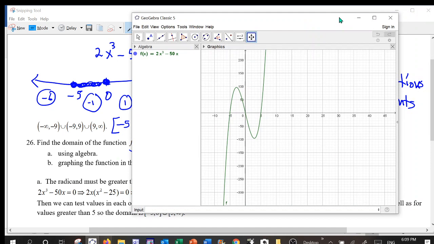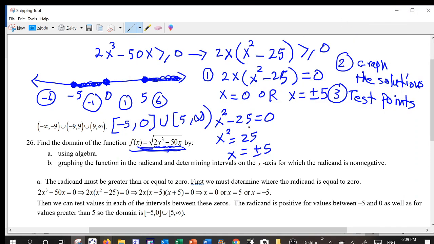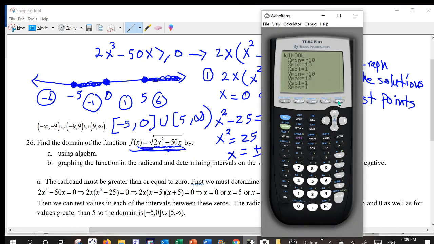So that's what they mean, graph it and see. So in order to see it with the calculator, you have to keep zooming out in order to see it, right? You have to keep zooming out until you see it. And you have to press trace first.